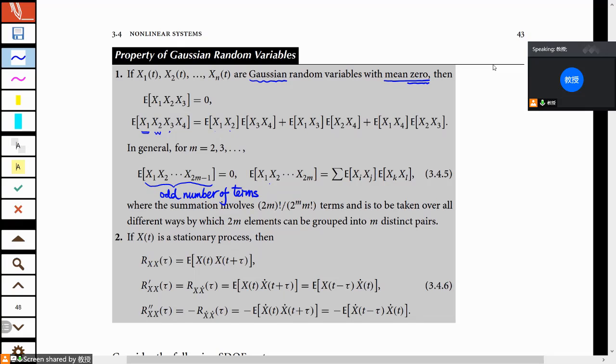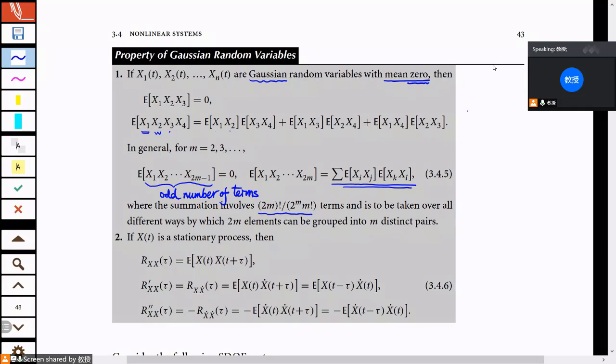Now here you have an even number of terms, then it's a product of this. Okay, so the summation involves (2m)! over 2^m m! terms and is to be taken over all different ways by which 2m elements can be grouped into m distinct pairs. Let's look at a simple case.